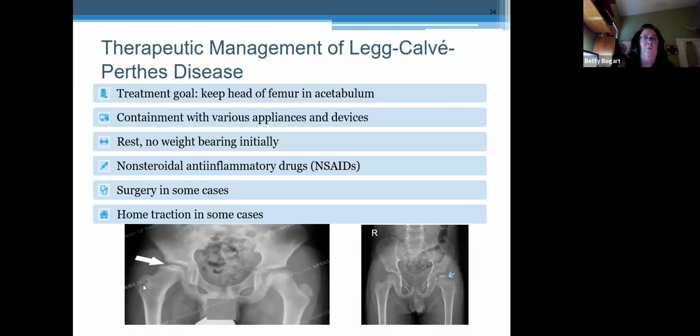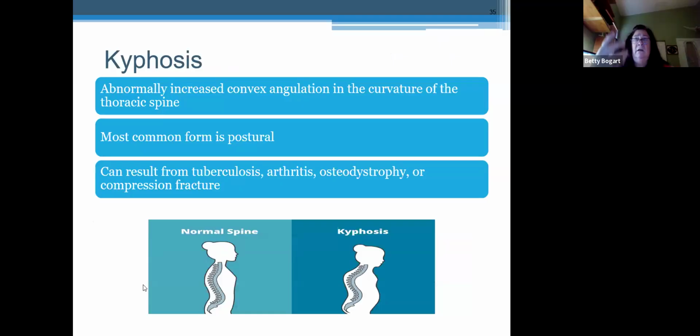I mean, this is a child who's more apt to get hip problems and need repairs in the future, hip replacements, etc. But this is no infection, so it's home rest, NSAIDs, maybe a little bit of traction, and of course, good nutrition for this child, good protein when we're talking about anything with bones.